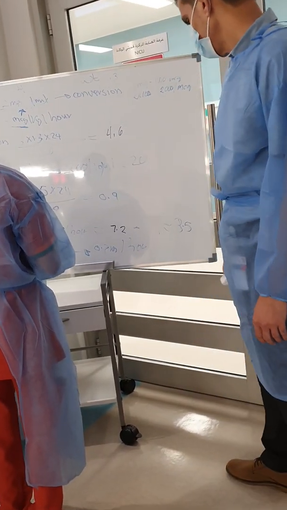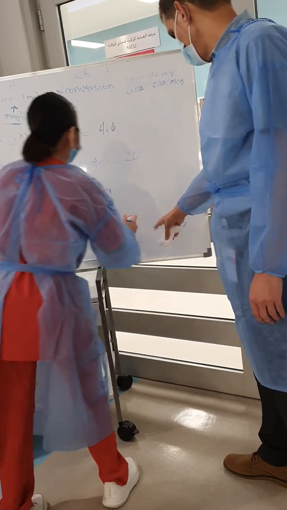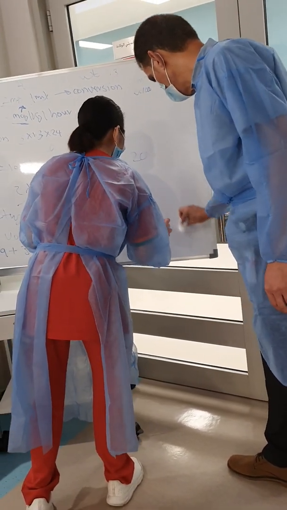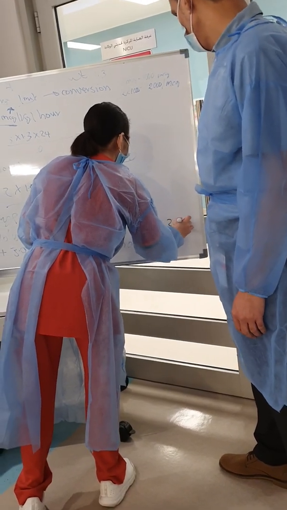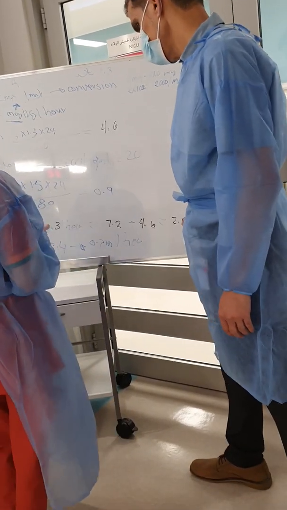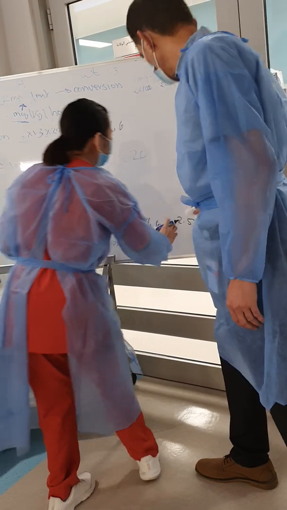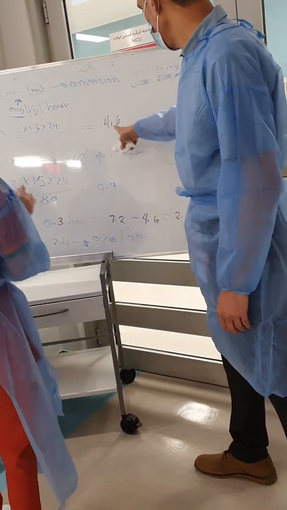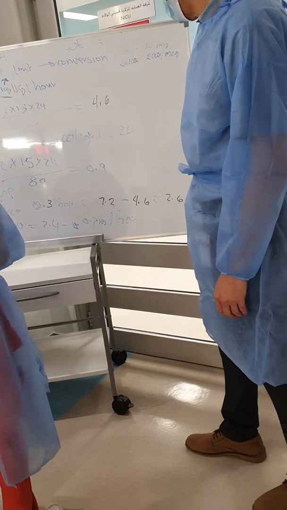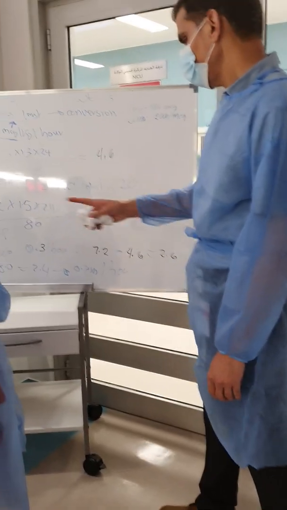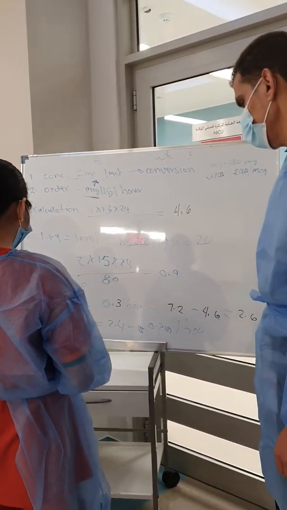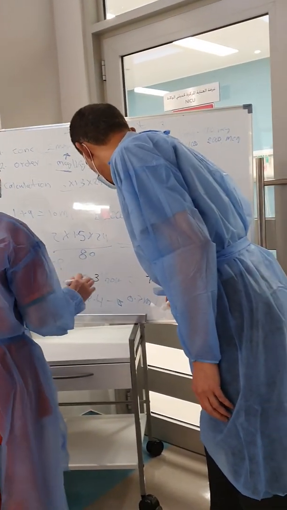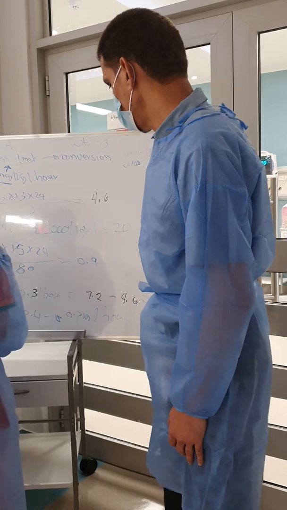Write 4.6 here. 2.6. So 2.6 plus 4.6 divided by 24 hours. You get 0.3. 0.3 ml per hour.